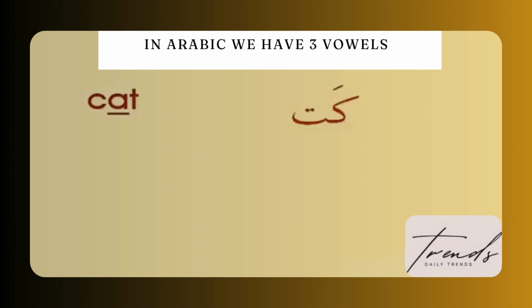Now, we have here, I've transliterated cat into Arabic. So we have the kaf here, so it makes the same sound, the k sound. And then we have the ta, which is equivalent to the t in English. So this says cat. So notice the vowel is on top, not after it, as in cat.